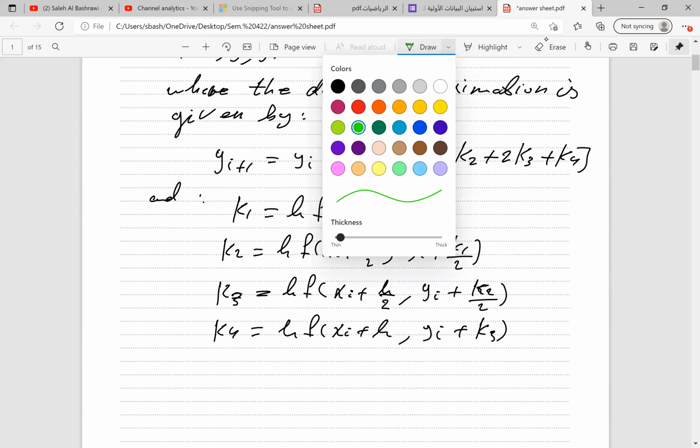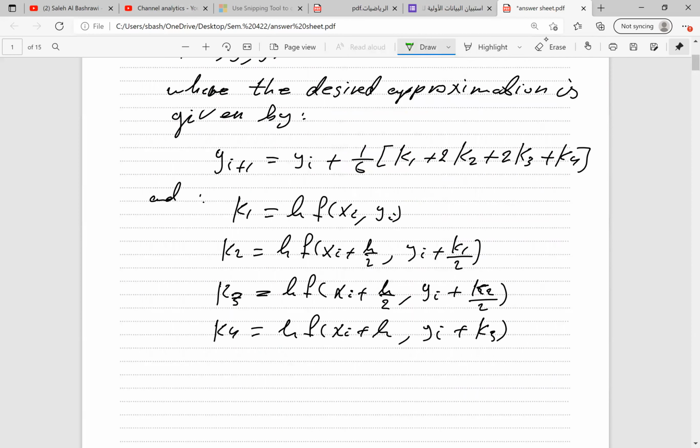And we have to notice one thing: for k2 it is x i plus h divided by 2, y i plus k1 divided by 2. K3 is x i plus h divided by 2 and y i plus k2 divided by 2. But for k4, it is not divided by 2.